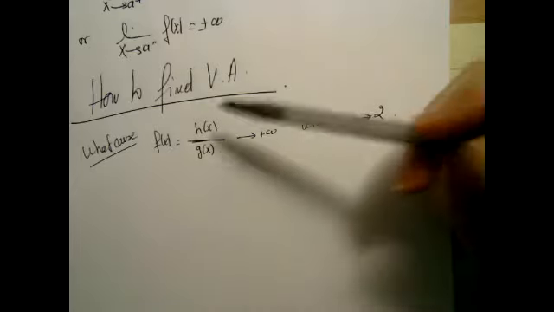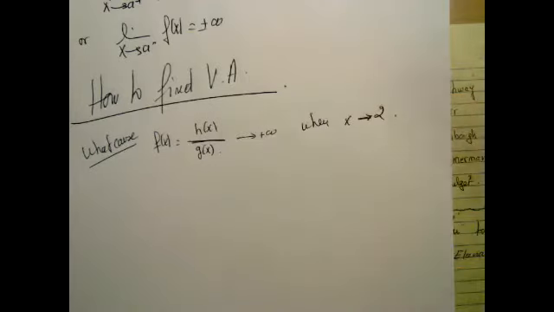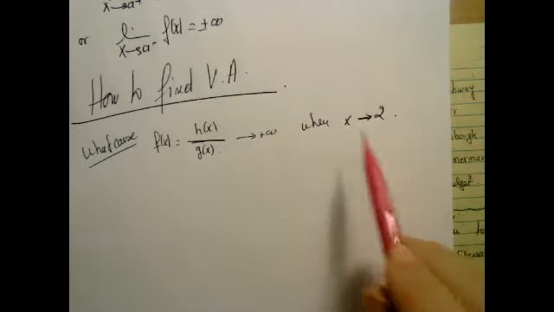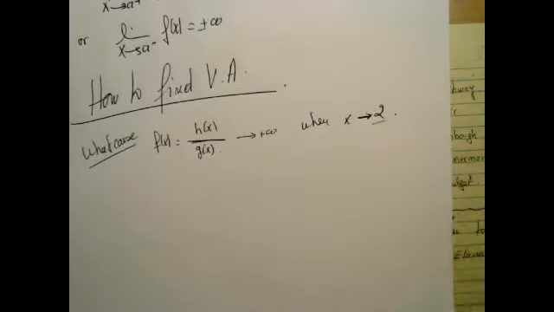Suppose a function is a ratio, so it's one over another. What do you think can really cause the function to go to infinity when x is close to 2, for example?